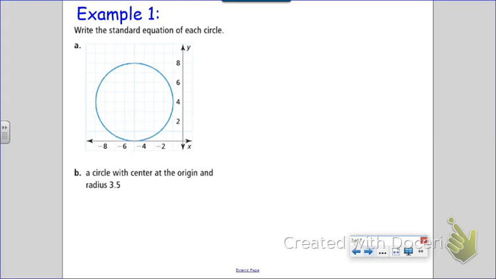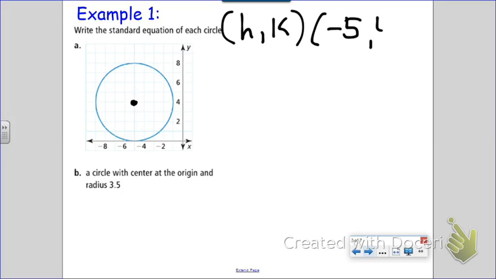In our first example, write the standard equation of each circle. One of them is a picture and the other has information given. So on the first one, we have a center at (-5, 4). So (h, k) is (-5, 4), with a radius of 4.